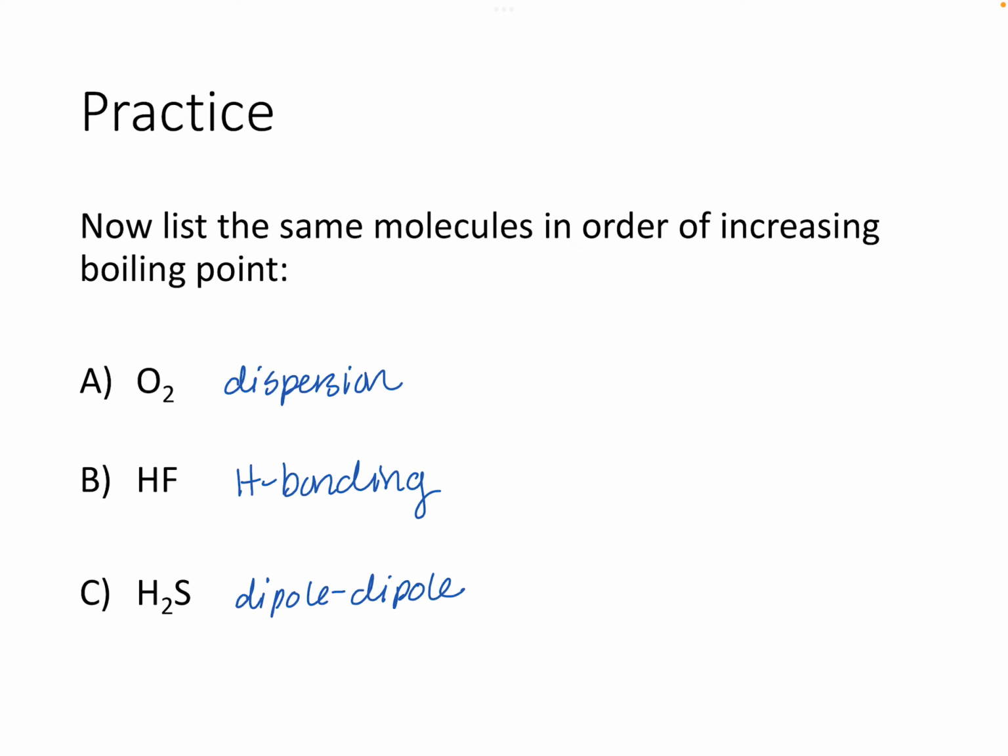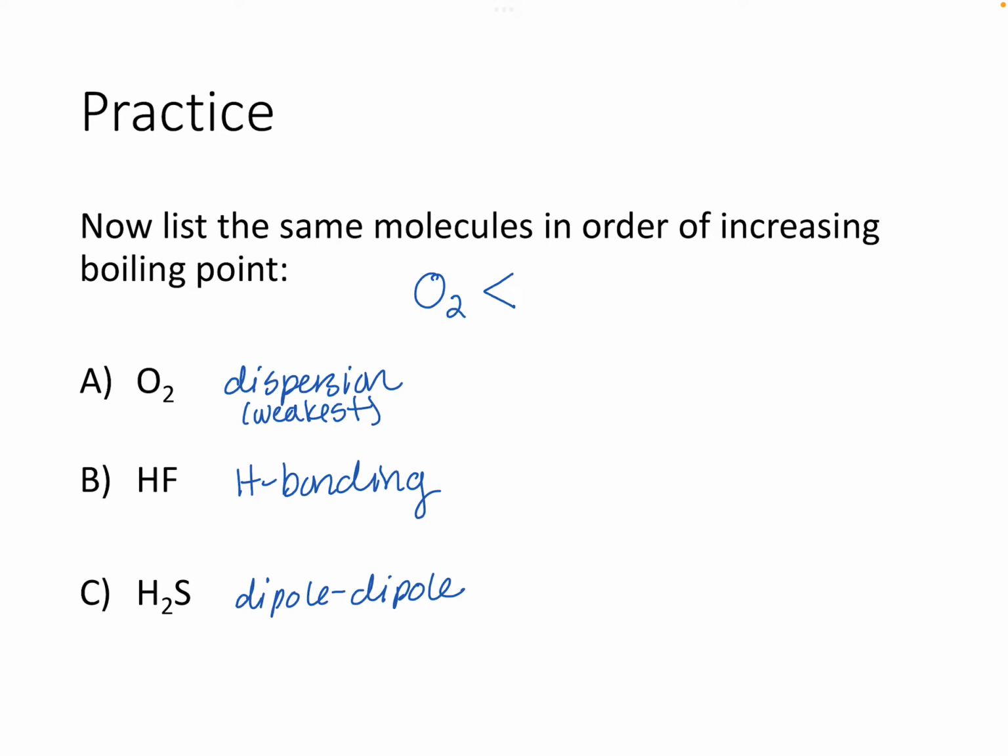So dispersion forces are the weakest, so those should be the easiest to break apart. So would we expect the boiling point to be really high or really low for oxygen? Really low, right? Because it doesn't take a lot of energy to separate those oxygen dispersion forces. So we'll put O2 as the lowest boiling point.